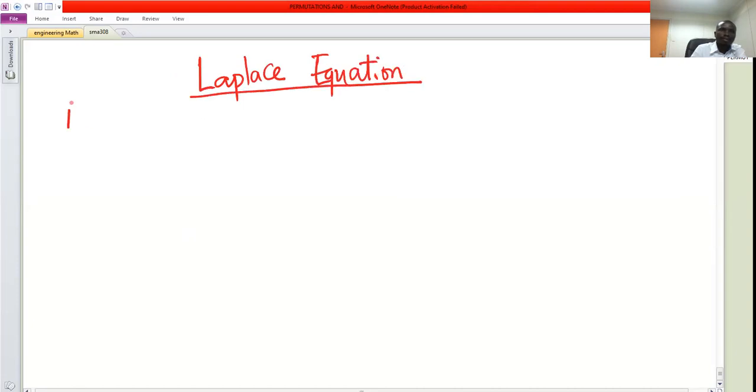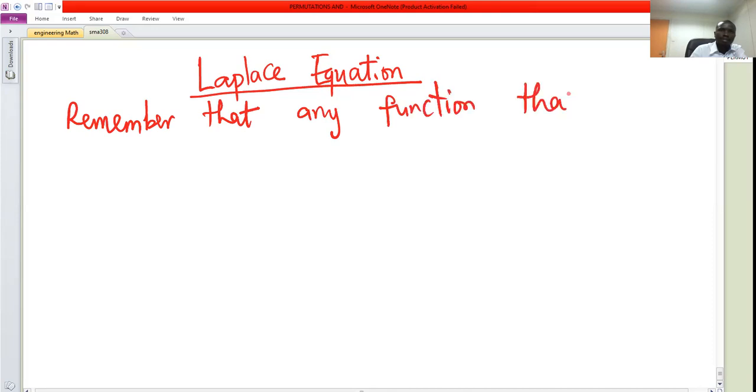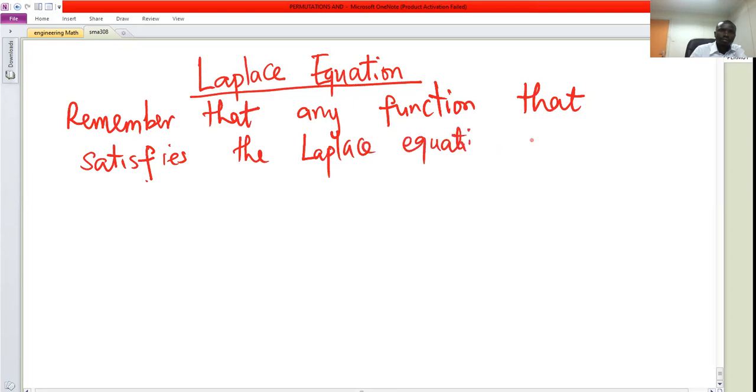So just remember that any function that satisfies the Laplace equation is called harmonic.